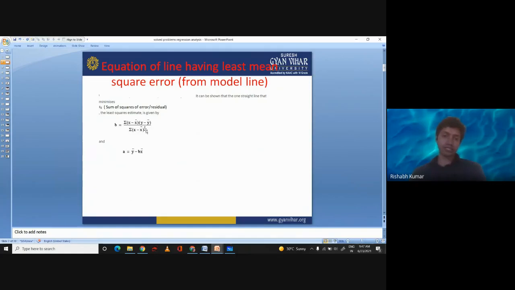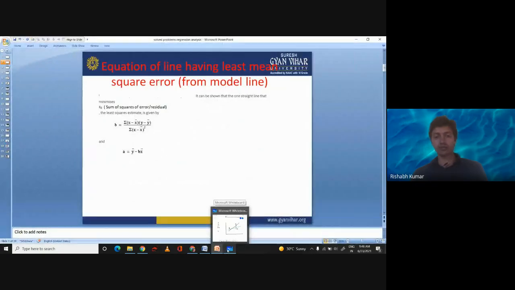Okay, so you can see this formula is almost similar to, if you remember, the formula for correlation, or for covariance.